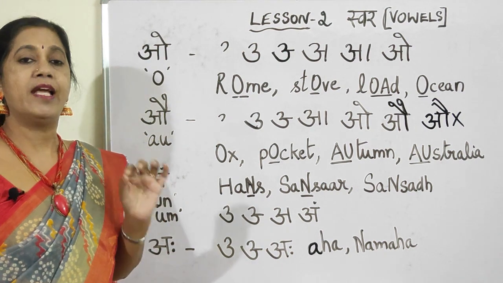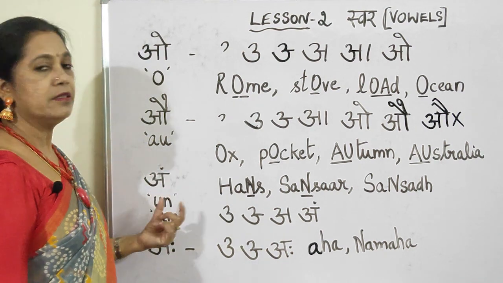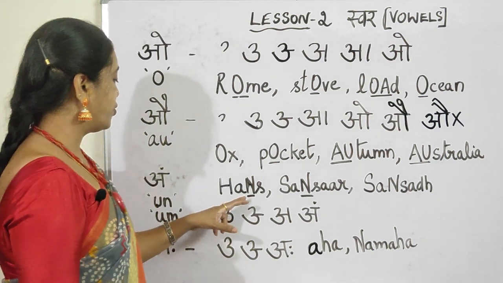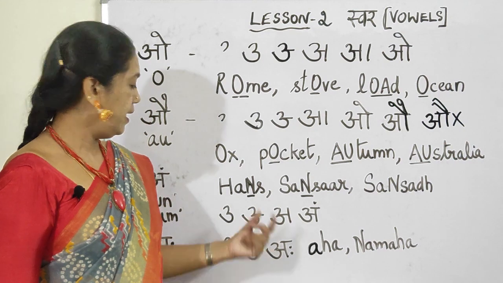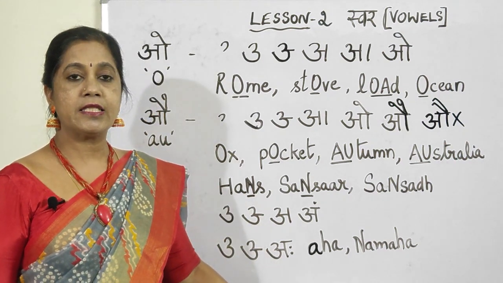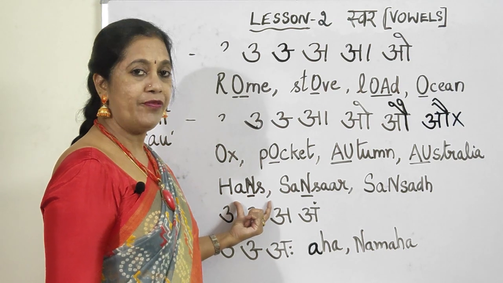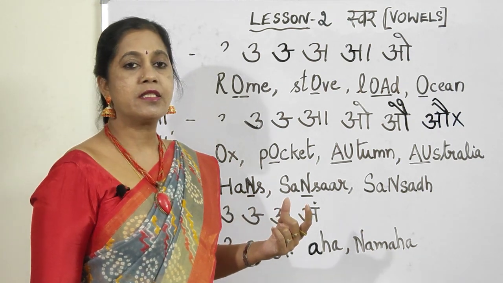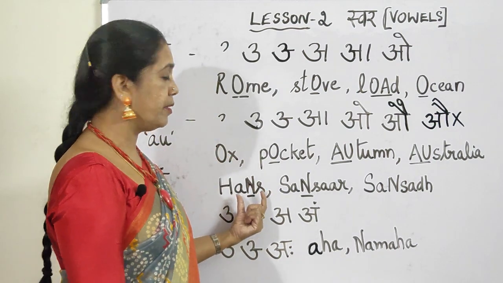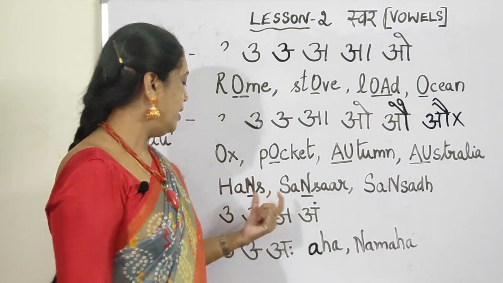Ang, and see here, this is H-A-N-S, Hans. You will know exactly where to pronounce this. The sound will come through the nose and the mouth. So this is a different sound.